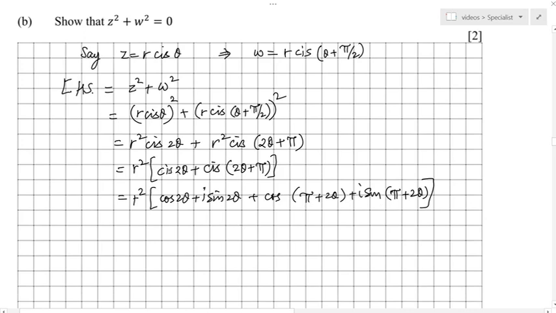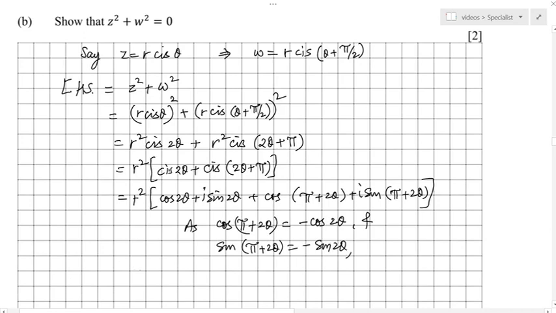The identities are: cos(pi plus 2 theta) is equal to minus cos 2 theta, and sine(pi plus 2 theta) is equal to minus sine 2 theta.